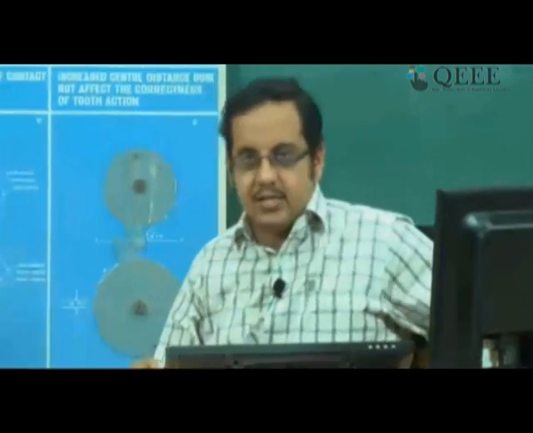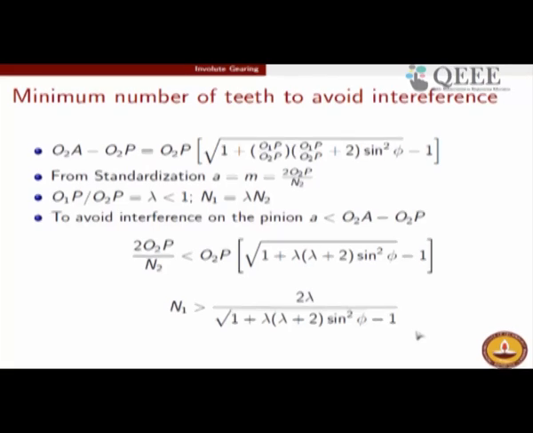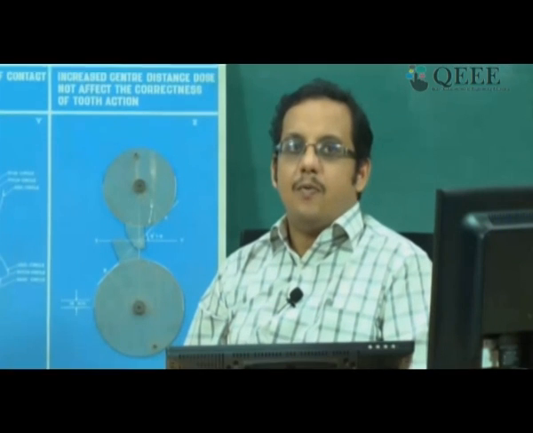That is why we are doing it in this course, because this course is about kinematics of mechanisms, theory of mechanisms if you may call it, and therefore this is a kinematic condition rather than a strength-related condition. What we are left with is a formula which enables us to ensure that once we satisfy the minimum number of teeth in our gear as given by this formula, there will be no situation where the engagement takes place in a portion where the involute action is compromised.